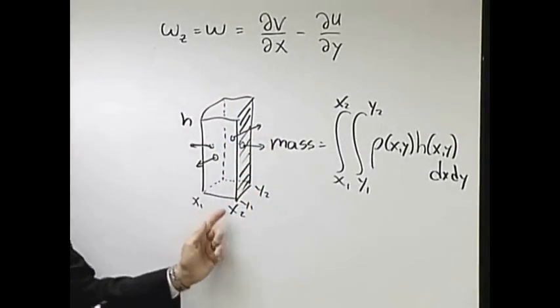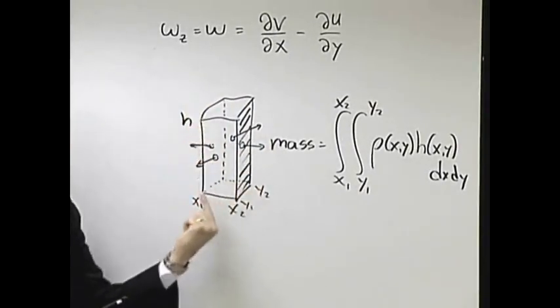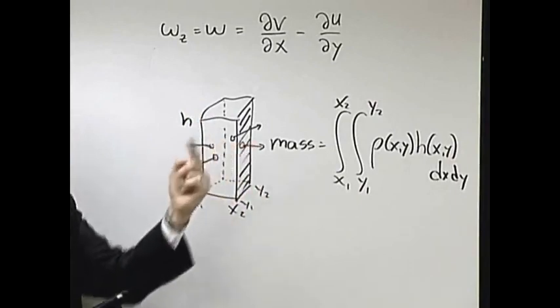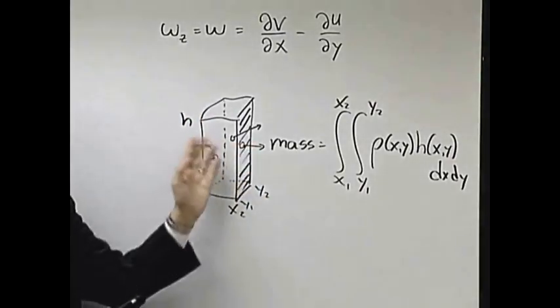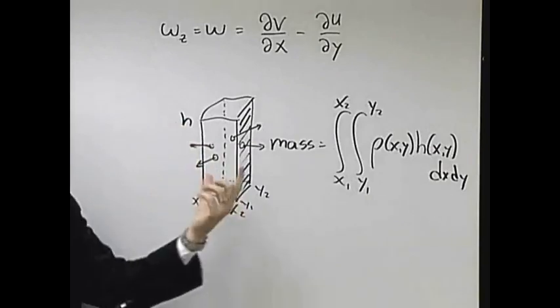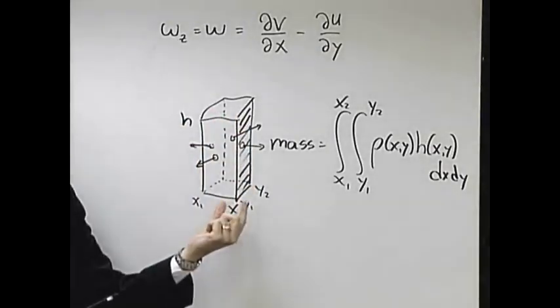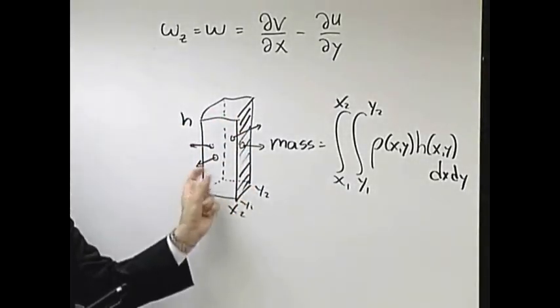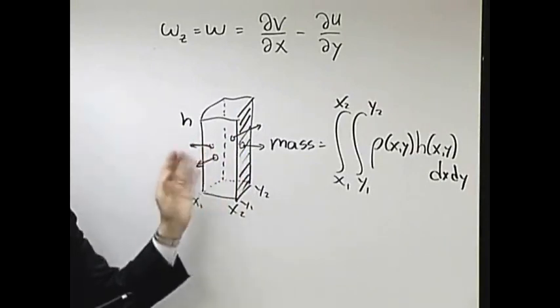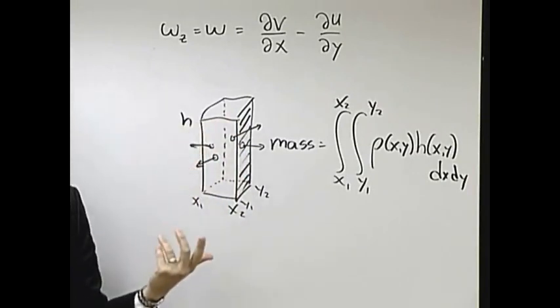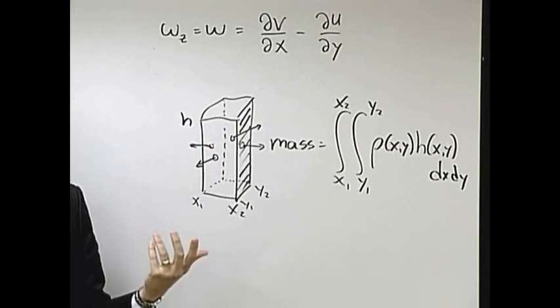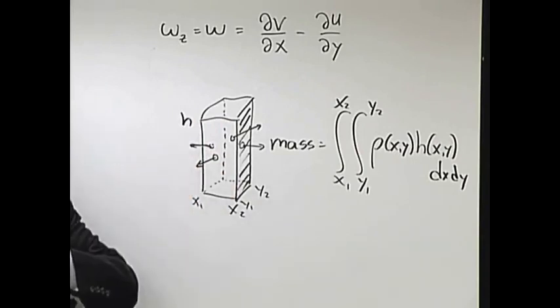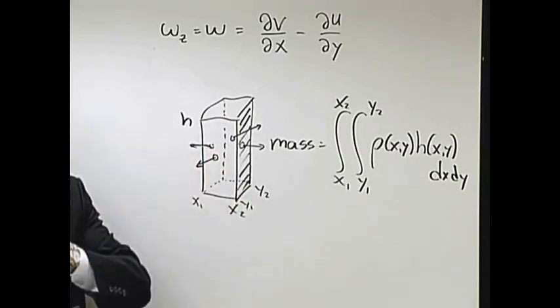So I go to x2, and I integrate from y1 to y2. I calculate how much stuff is coming across this whole panel, and then do that on the other side too. I've got 4 sides, 4 panels to calculate how much fluid is coming in or out.